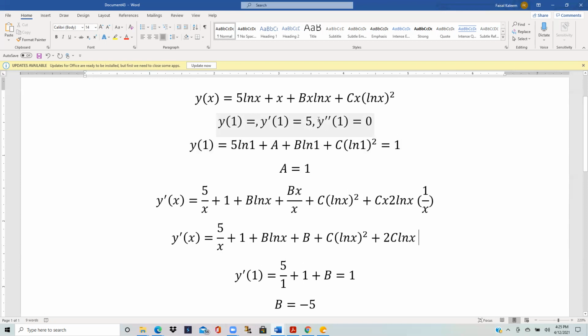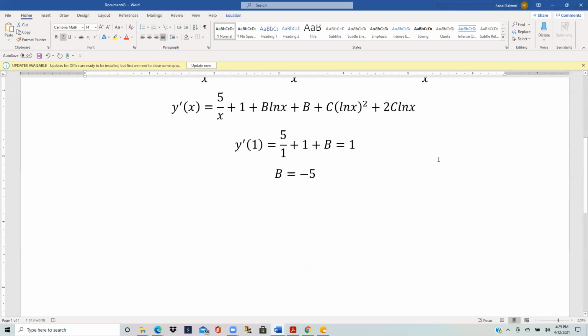So second derivative y double prime of x, and that means you take derivative of y prime. So derivative of 5 over x would be negative 5 by x squared.